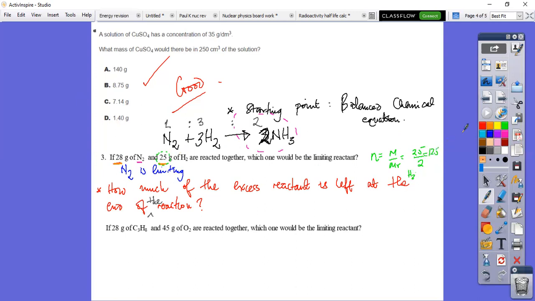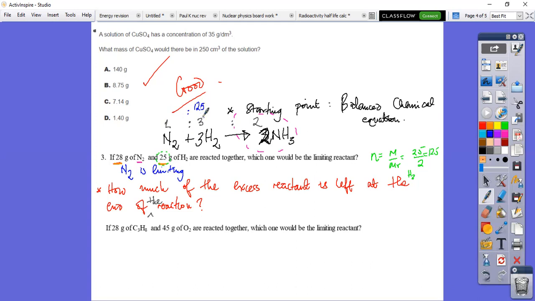So now my new ratio here is saying I have 12.5 moles of hydrogen. Based off this ratio, well, what did I do to get from 3 to 12.5? I can say 12.5 divided by 3. It's not a very good number. Do you divide it by 4.16?